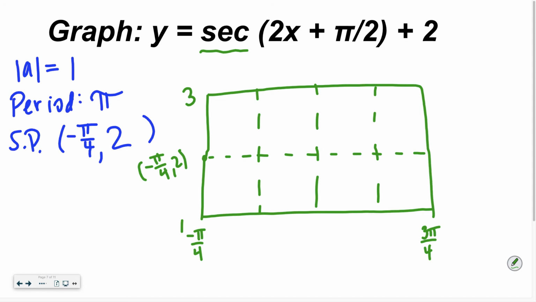So when we begin here and add pi over 4, we would get to 0. And then we would add pi over 4 to get to pi over 4. And then add pi over 4 to get to pi over 2. And then add pi over 4 to get to 3 pi over 4. If you're that kind of person, there's that method.